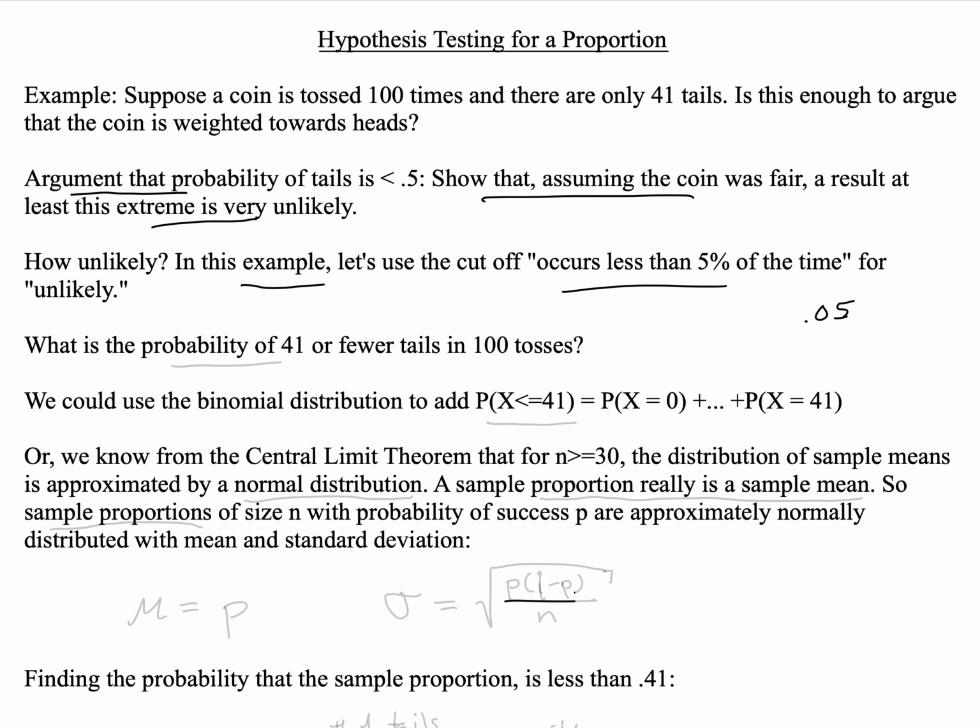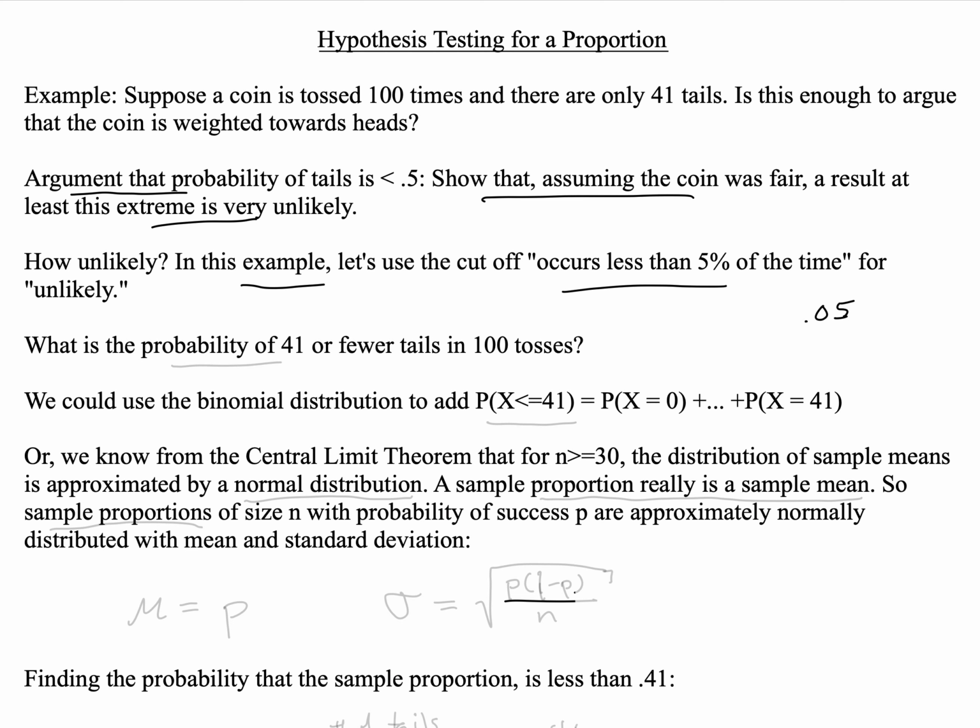But what if we instead wanted to test whether P was just not equal to 0.5 in either direction? Just that the coin was unfair in one way or the other. So this was one-tailed when we tested if the probability of tails was less than 0.5, versus if we were testing whether the probability of tails was just different than 0.5, then that would be a two-tailed test.